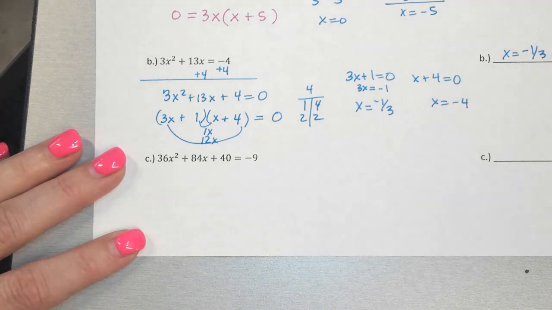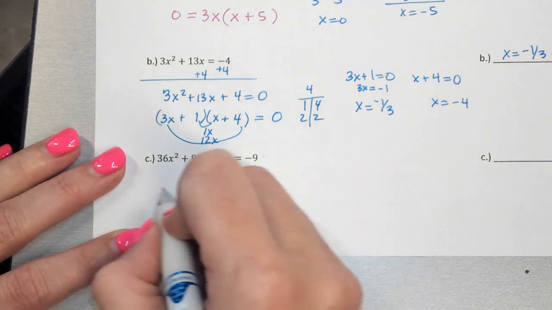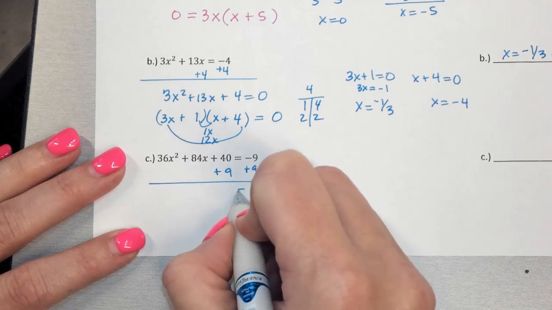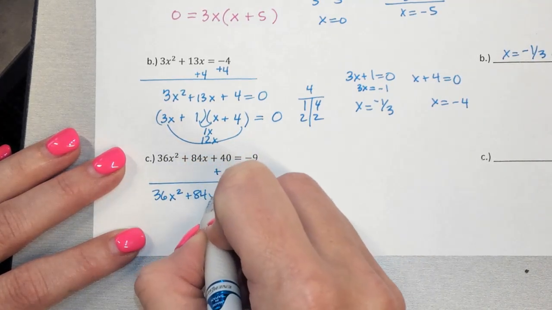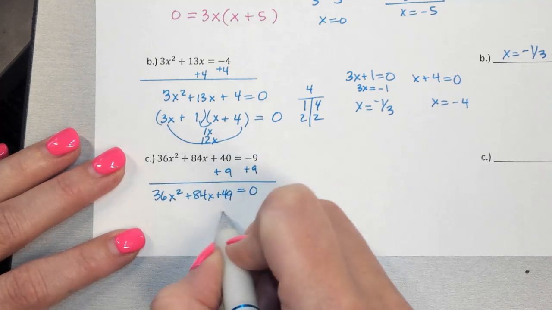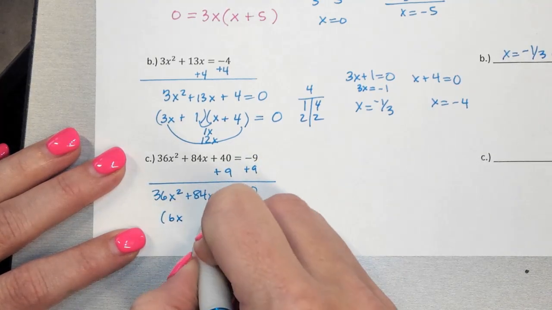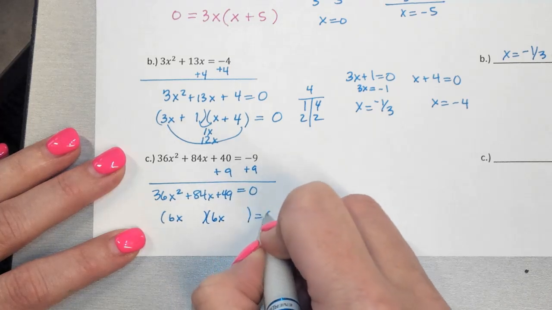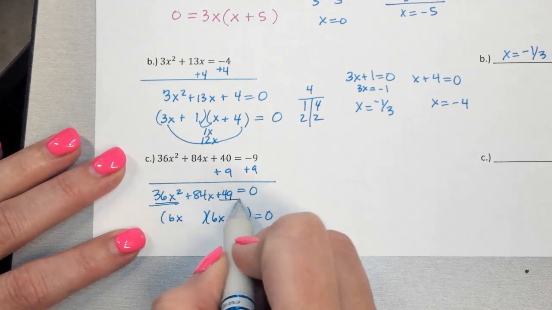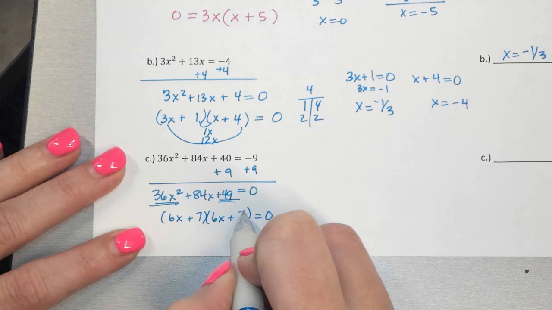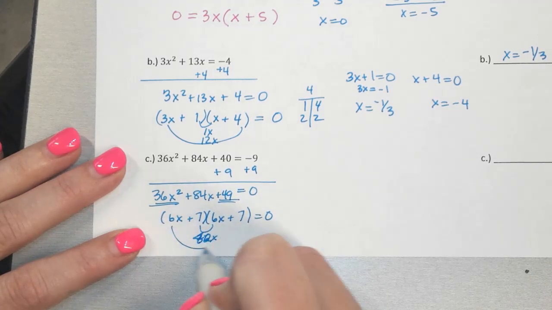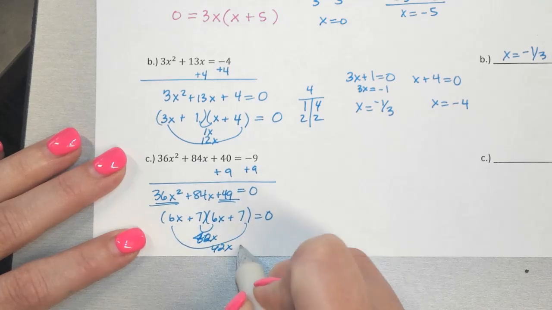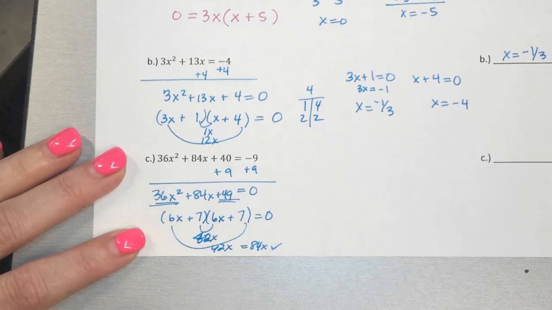All right, and then there have been some where we factored right away on this side, but those directions will say use the square root property. Okay, if you're trying to factor, you want everything on one side, and then once you do that, you have a perfect square. So it's 6x and 6x. This is what I would try because a perfect square to perfect square. And then I would just check. You have 42x, which equals 84x, so yay.